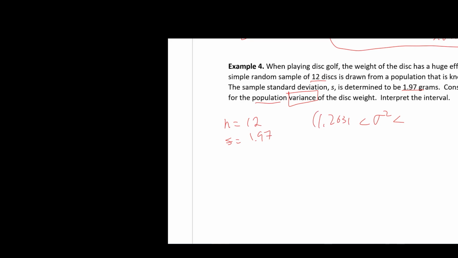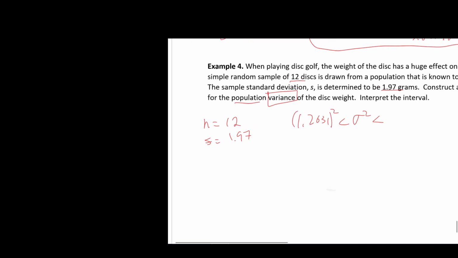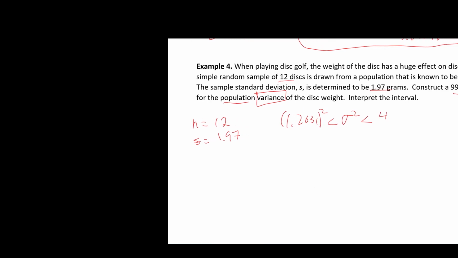1.2631, make sure that we square that value, and also 4.0496, also squared. That gets us, let's do 3 decimal places, 1.595 and 16.399.